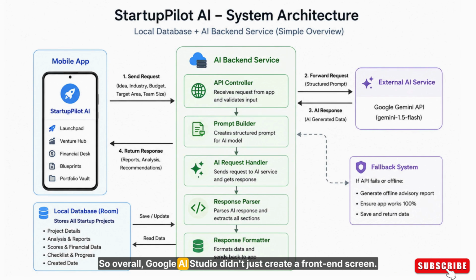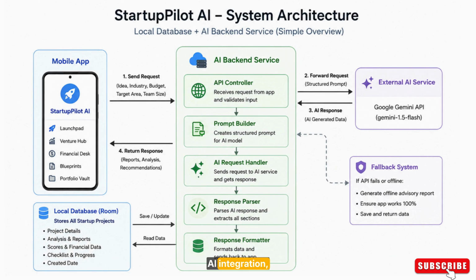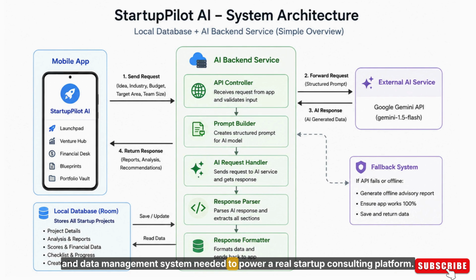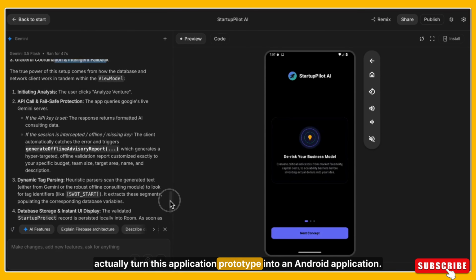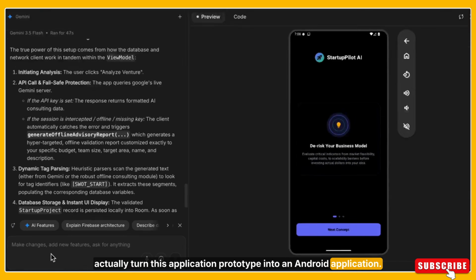So overall, Google AI Studio didn't just create a fun front-end screen. It also designed a complete back-end architecture, database workflows, AI integration, and data management system needed to power a real startup consulting platform.